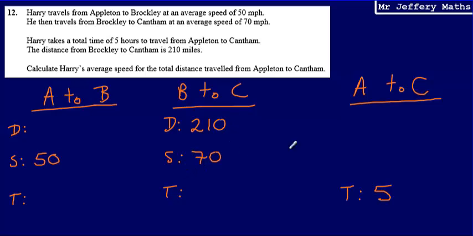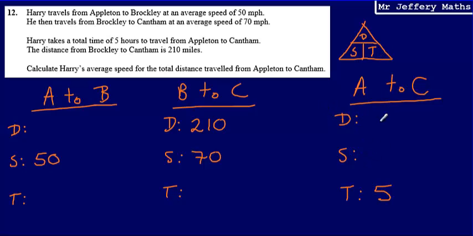So what I need to do is work out the speed from A to C. I'm going to need to work out what the total distance was from A to C, and then I can simply divide it by time. Just remembering that we're using distance, speed and time, our formula is that distance is equal to speed multiplied by time.